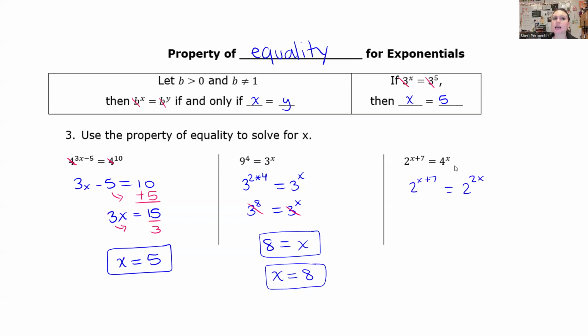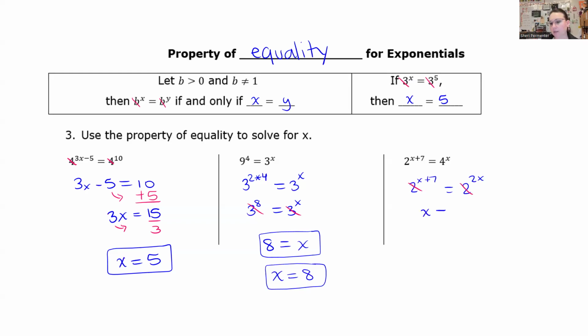And there was already an x there. Anything that already has an exponent, it just multiplies together. So now that my bases are equal, I get to mark them off. When the bases are equal, the property of equality says that I can mark out the bases and I can set the exponents equal.